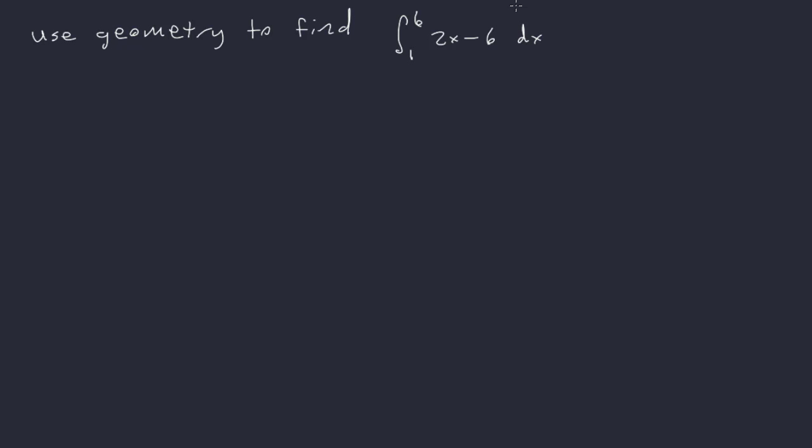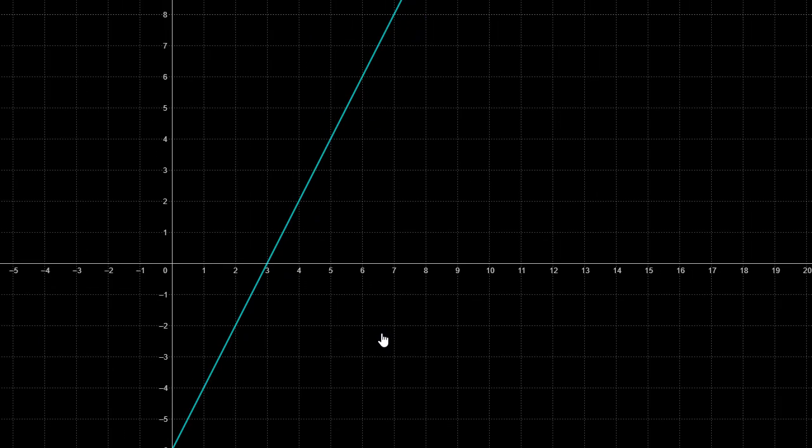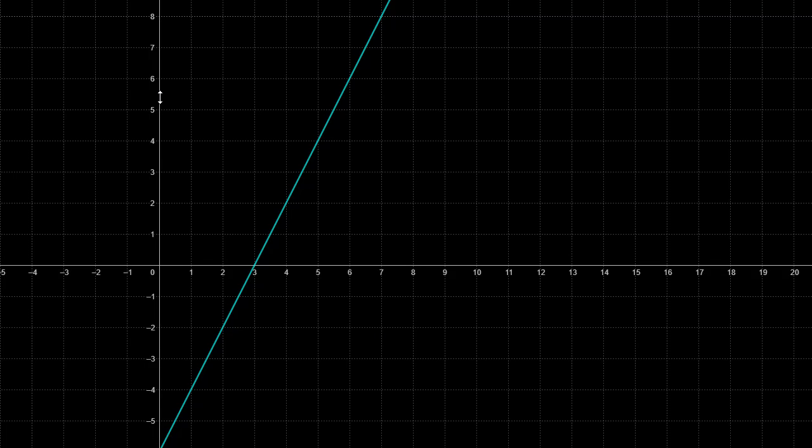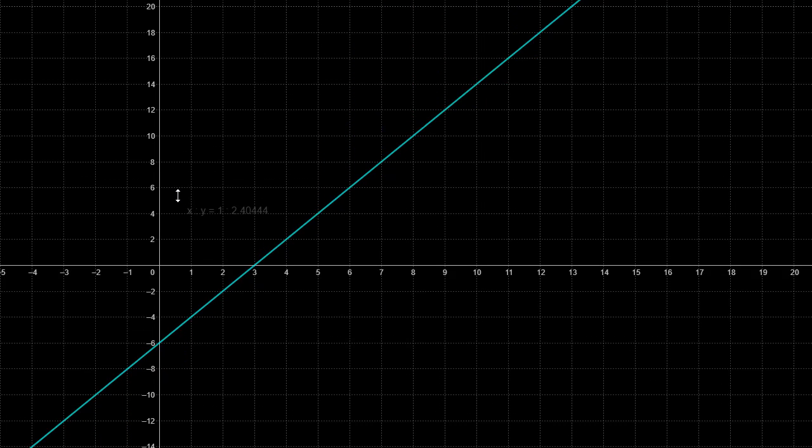All right, let's look at another example. Let's say we want to use geometry to find the definite integral from 1 to 6 of 2x minus 6 dx. So instead of graphing it by hand this time, let's look at the graph on software. 2x minus 6 is this line right here.